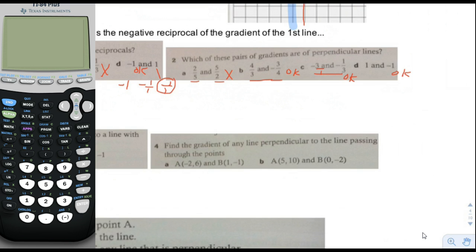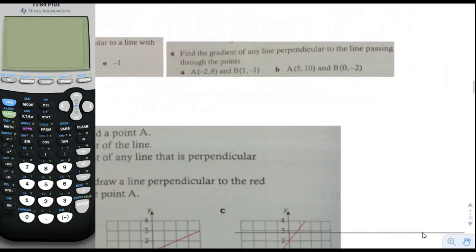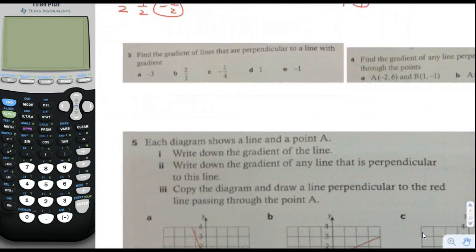All right? Moving on. Number 3, find the gradients of lines that are perpendicular to a line with gradient. Now, you can pause anytime you think I'm going too fast. So now they want us to do the negative reciprocal. If we start out with -3, the reciprocal would be -1/3, and then we could take the negative of that, it'd be 1/3, right?